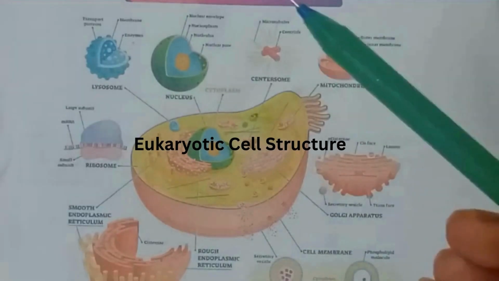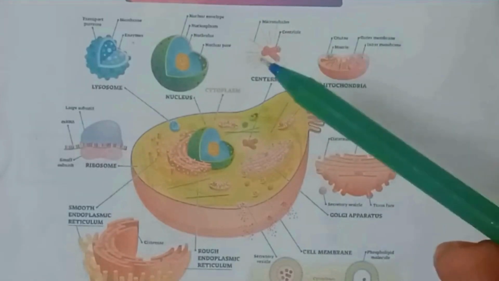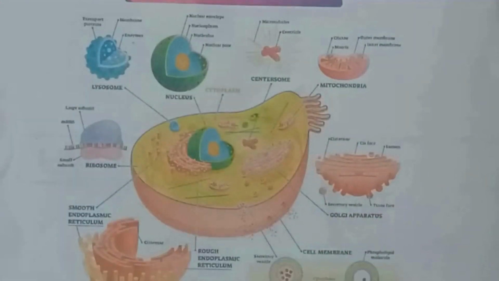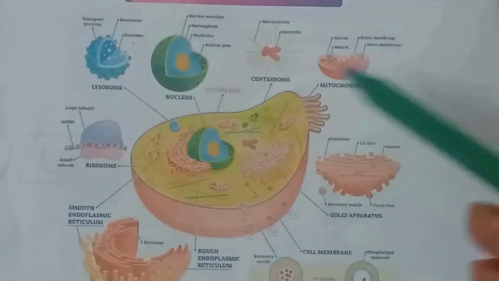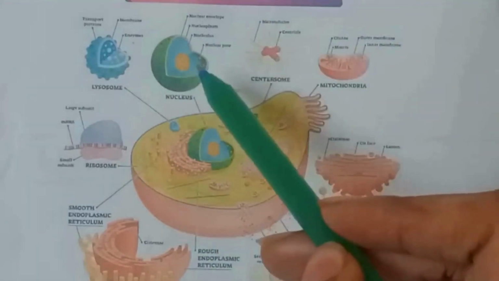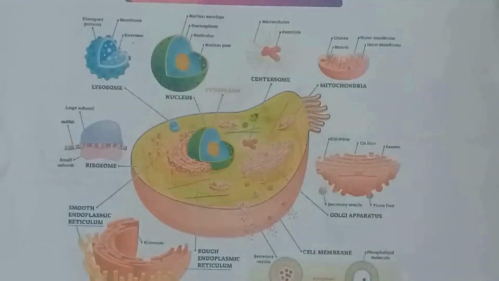These are the various cell organelles that are present in the eukaryotic cell, like the nucleus, lysosome, ribosomes, endoplasmic reticulum, mitochondria, Golgi apparatus, etc. Let's discuss the structure of each and every cell organelle and the functions performed by them in detail.